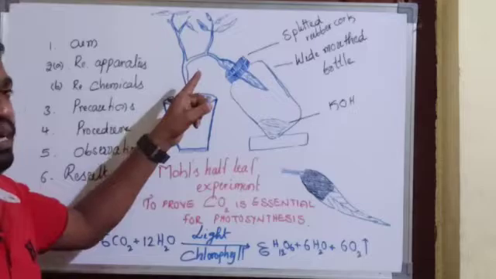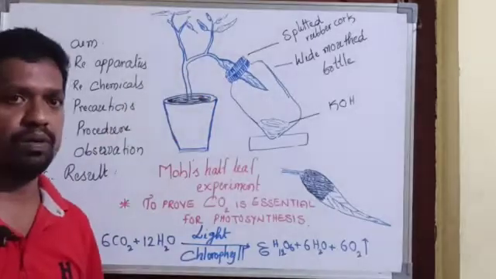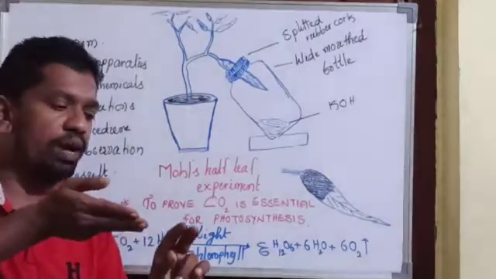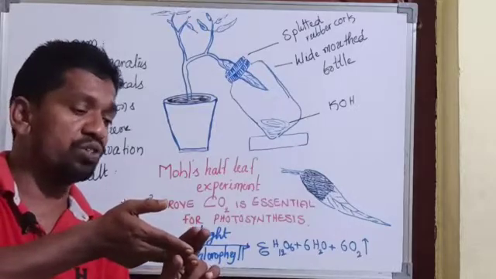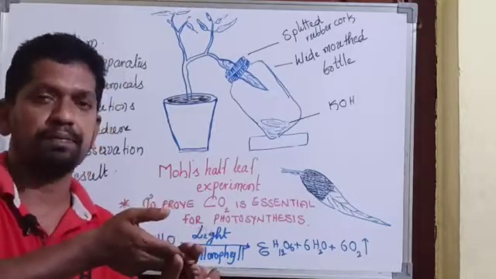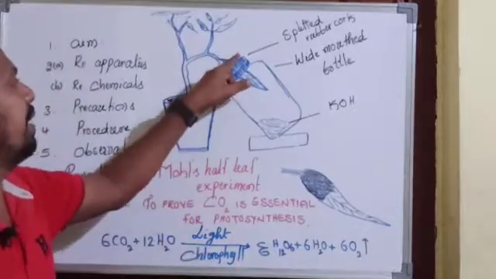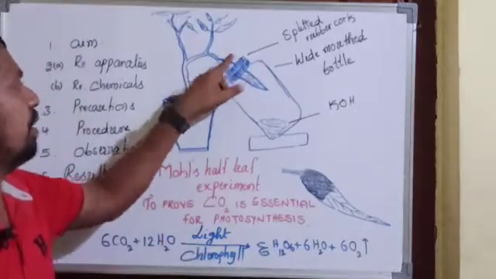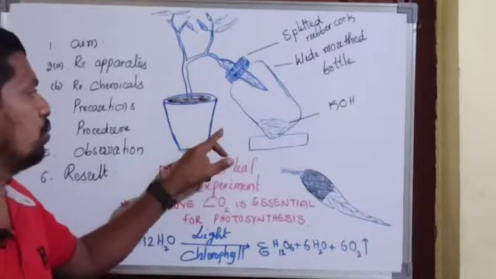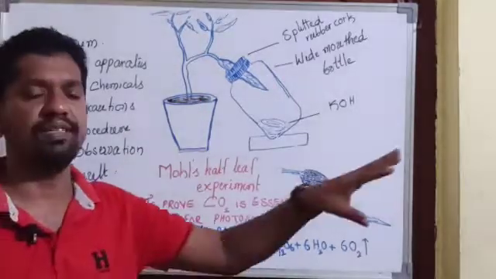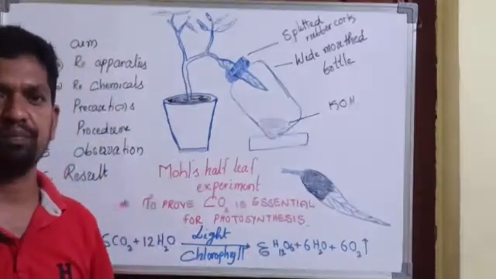Select any one leaf which is long and narrow. Gently insert the leaf into the bottle through the split rubber cork. Half of the portion has to enter the bottle. Then apply grease or Vaseline around the neck of the bottle. And finally, keep the setup in sunlight for 3 hours.